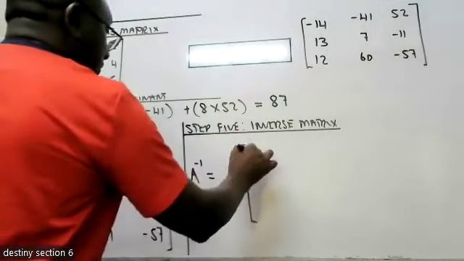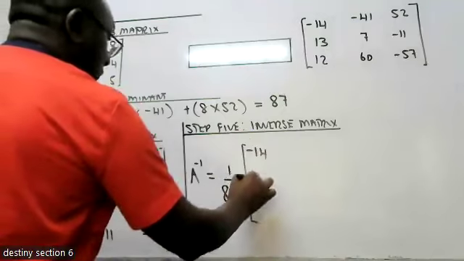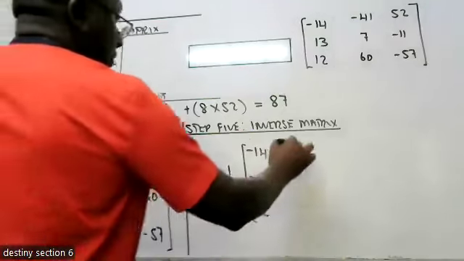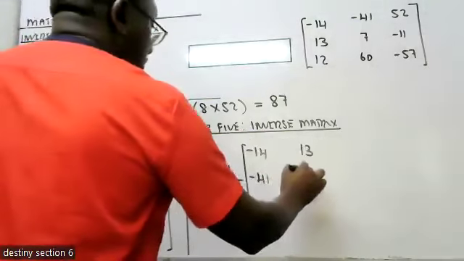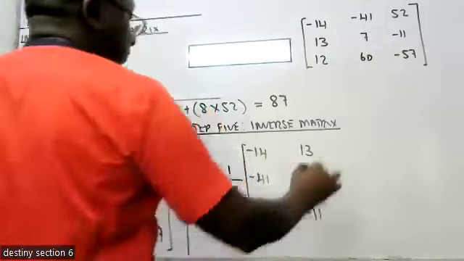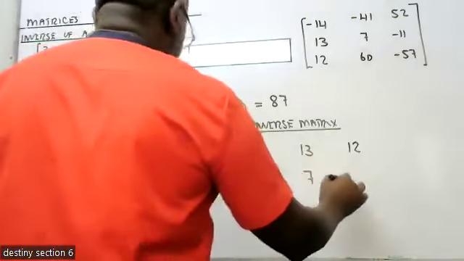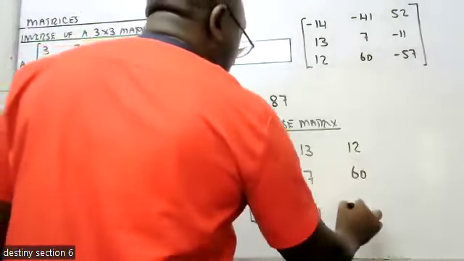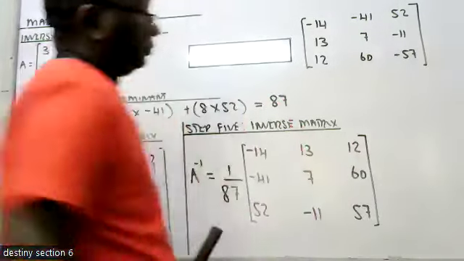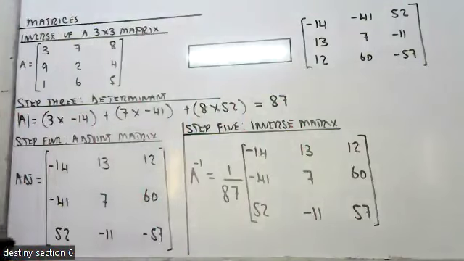The adjoint is negative 14, negative 41, 52. We have 13, we have 7, minus 11. We have 12, 60, and 57. So that is how you get the inverse of a 3 by 3 matrix.